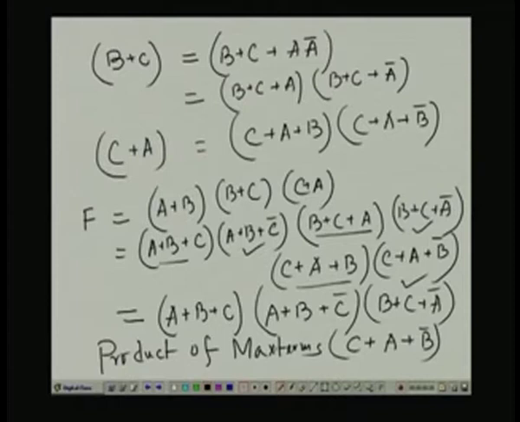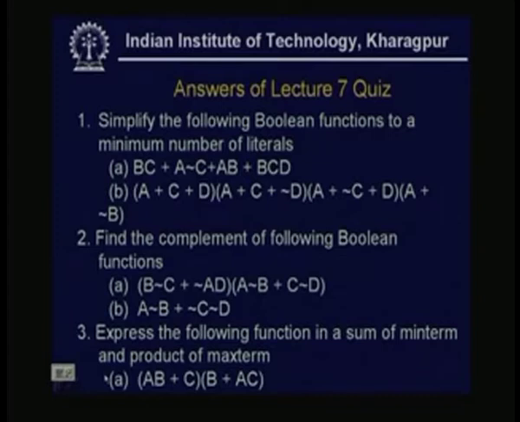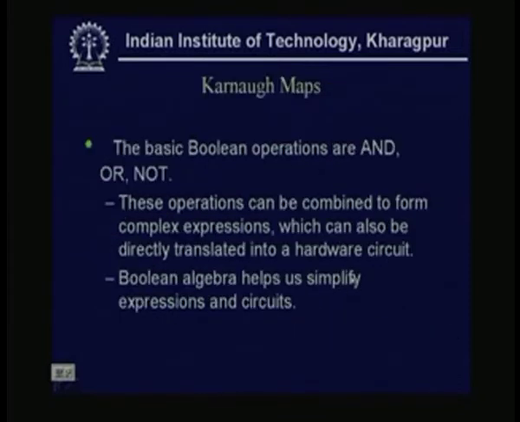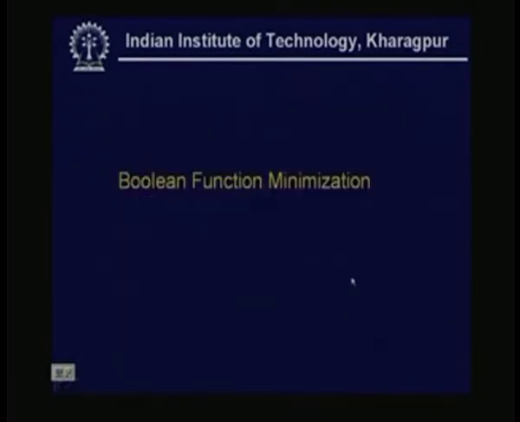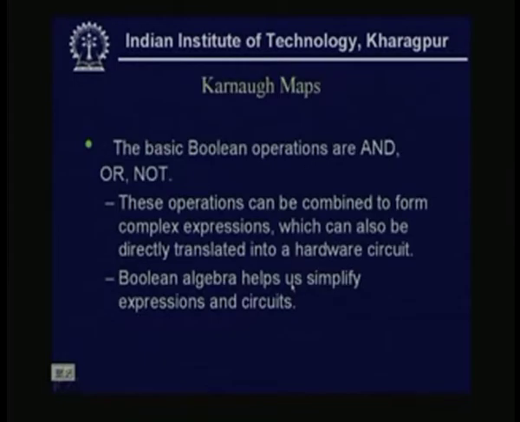Okay. So, we have discussed the answers of the last day's lecture quiz. Now, today we will start today's lecture. As already mentioned, we will see Boolean function minimization today. For that, first we have to discuss Karnaugh maps.